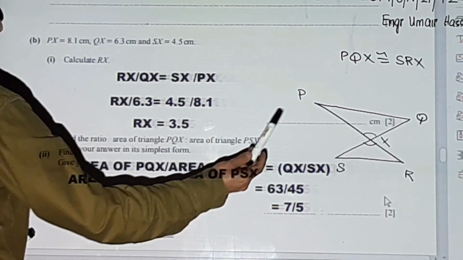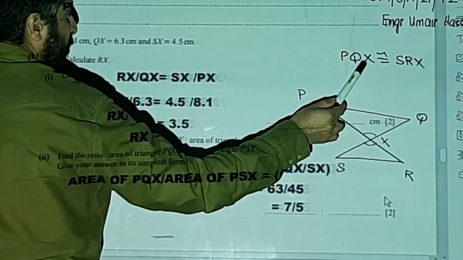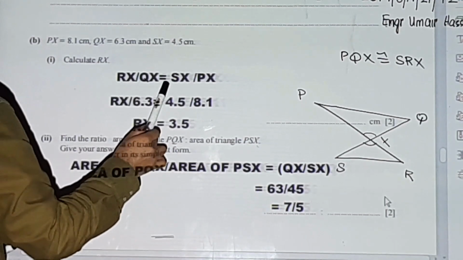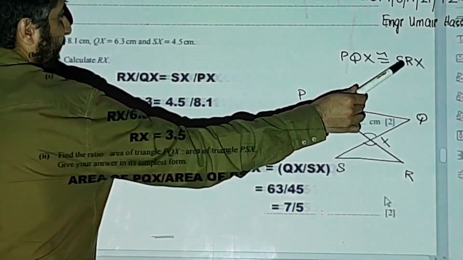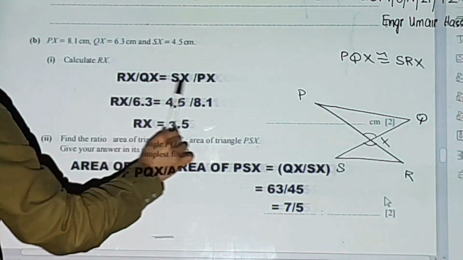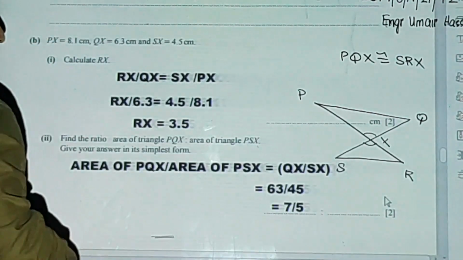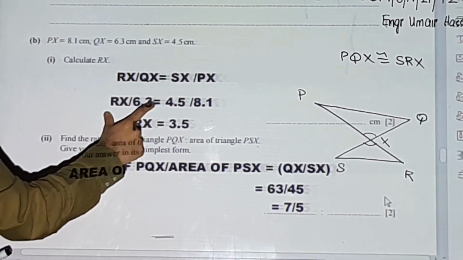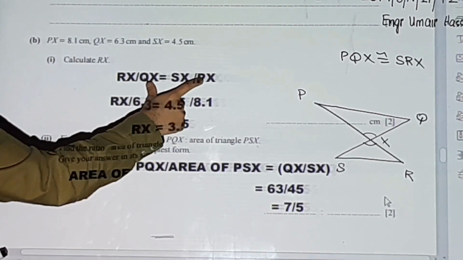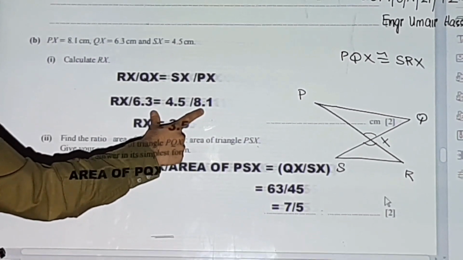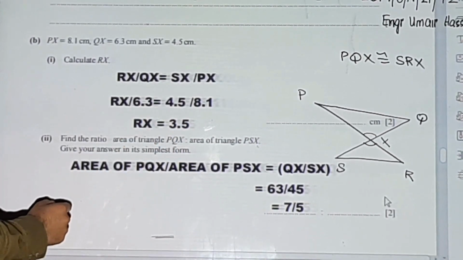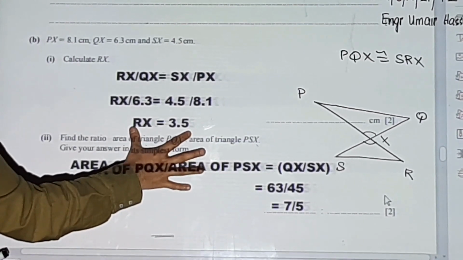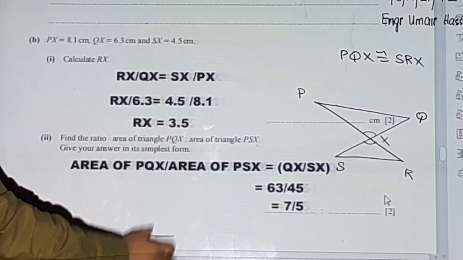That is, the ratio of RX to QX must be the same as the ratio of SX over PX, because these two triangles are similar. We know QX is 6.3, SX is 4.5, PX is 8.1, and we have to find RX. From here you can find the value of RX by simplification, and that will be 3.5.